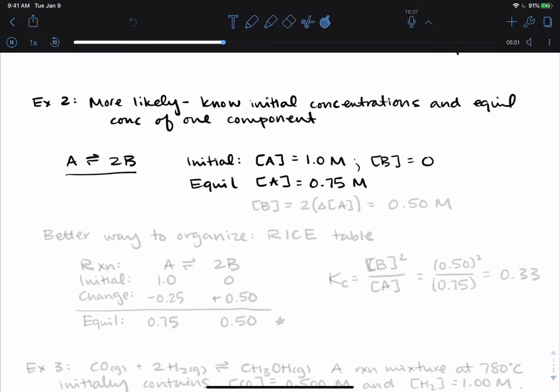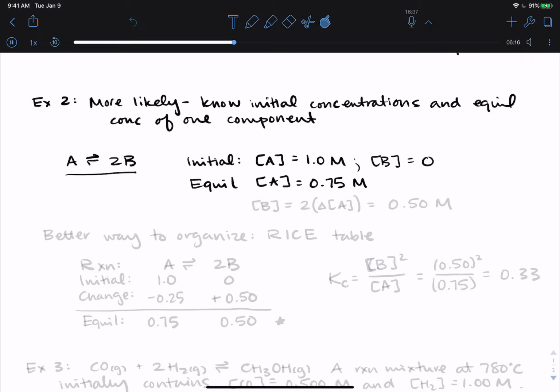We can use concentration as a proxy for moles in this case because everything is in the same size container. If it's a gas, if the volume of the container doesn't change, we can add and subtract pressures just like they're moles. In a solution, if the volume of the solution doesn't change, we can add and subtract molarities just like they're moles.